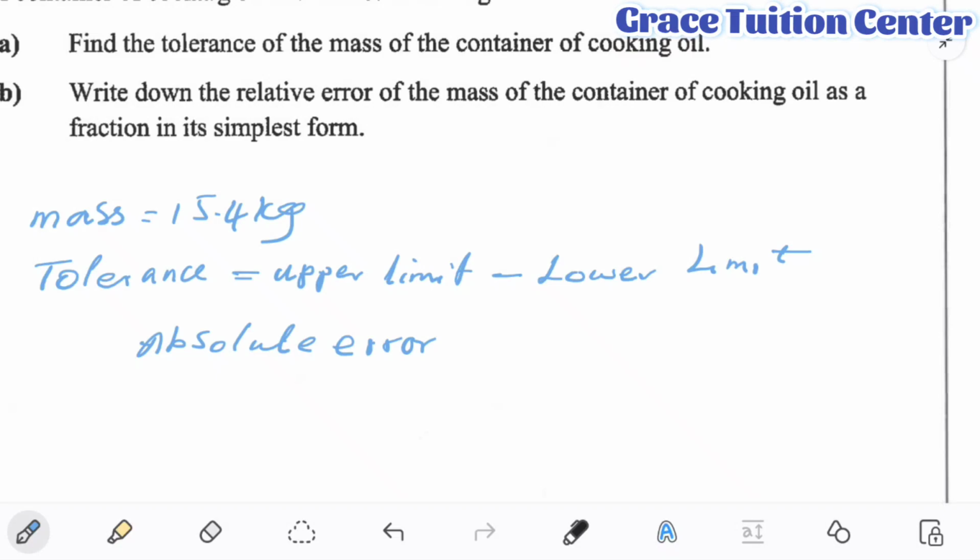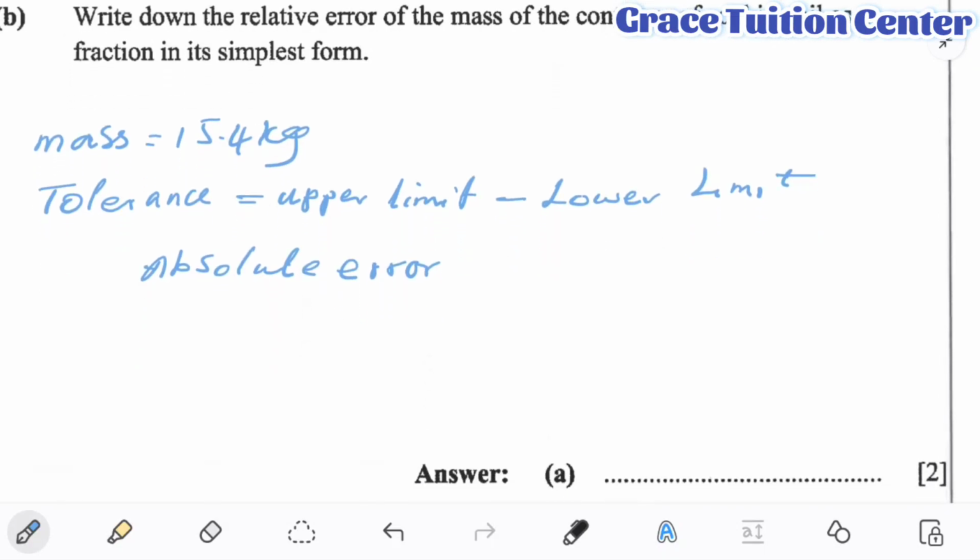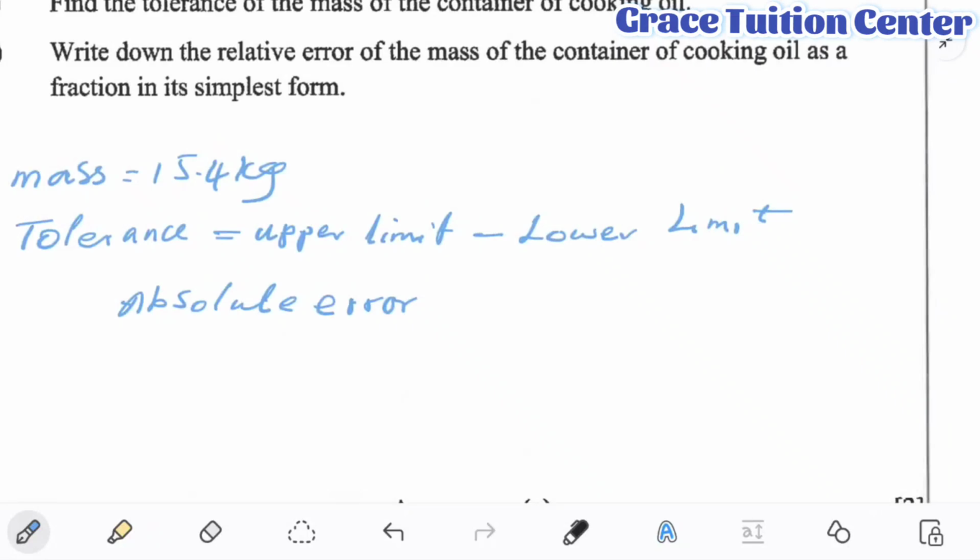So if you are given a whole number, a number without a decimal point, for example, they just gave us 15 here, the absolute error is always 0.5. For a whole number, absolute error is 0.5. For example, 15, the error is 0.5.